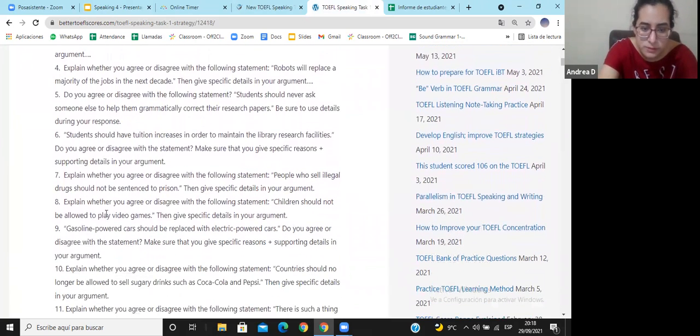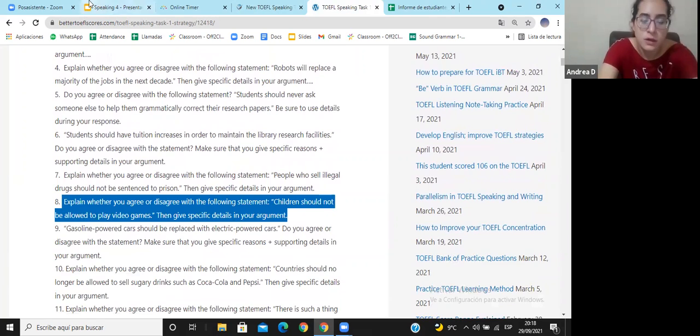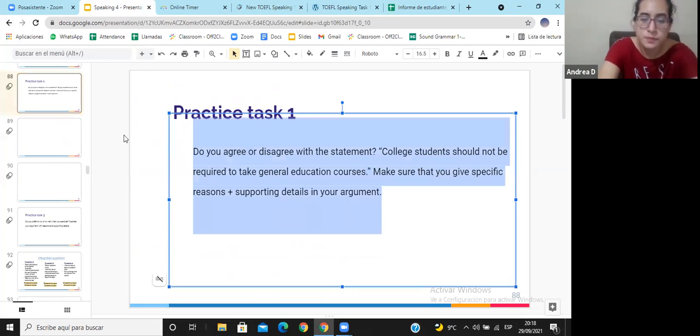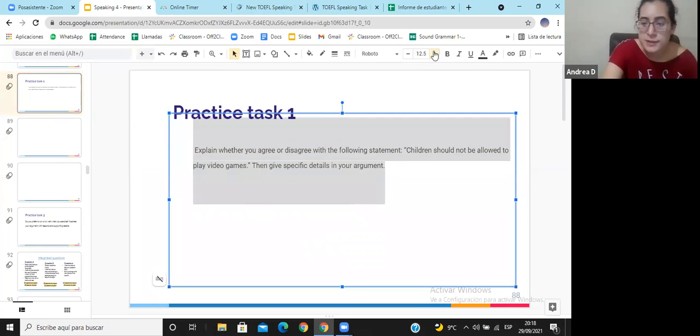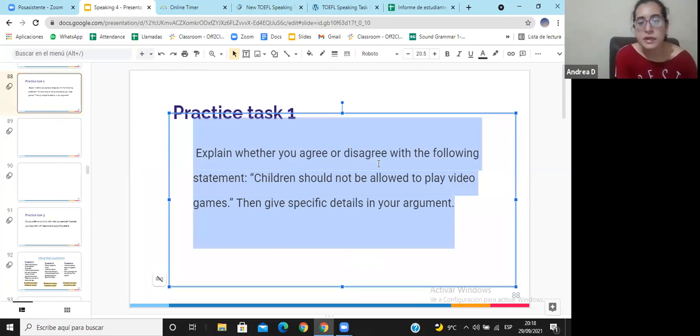All right. So let's start with this one here. This one goes, explain whether you agree or disagree with this statement. Children should not be allowed to play video games. Then give specific details.